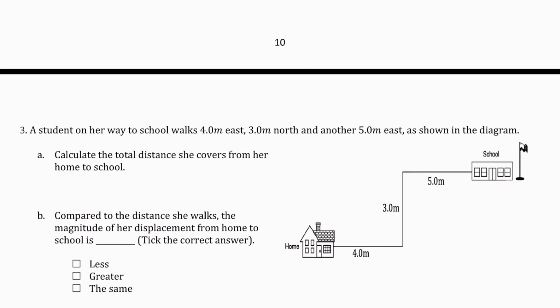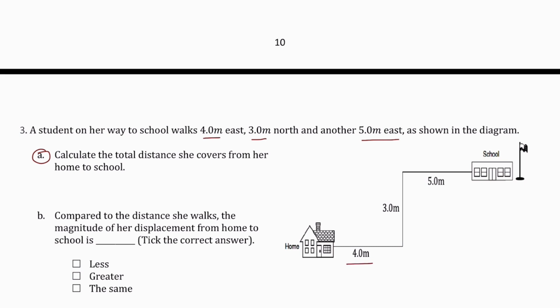Question number 3. A student on her way to school walks 4 meters east, 3 meters north, and another 5 meters east, as shown in the diagram. A. Calculate the total distance she covers from her home to school. To get the total distance, we need to add all the distances that we have.